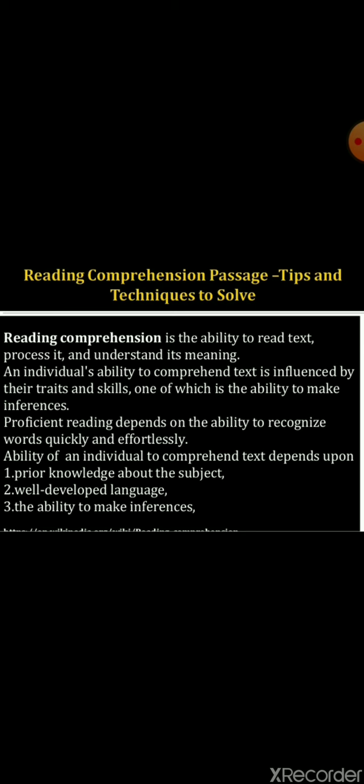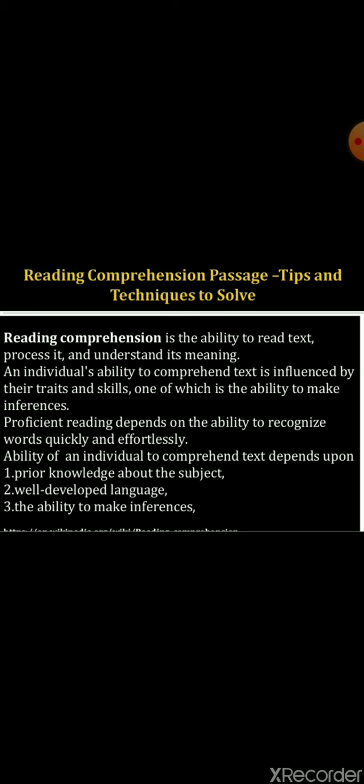So, the ability of an individual to comprehend text depends upon three things. Three things, how you will develop the ability. Number one, prior knowledge about the subject. Do you have the knowledge of English? Do you know how to read the sentence? How to comprehend the sentence? If there is a comma, if there is a semicolon, what does it mean?